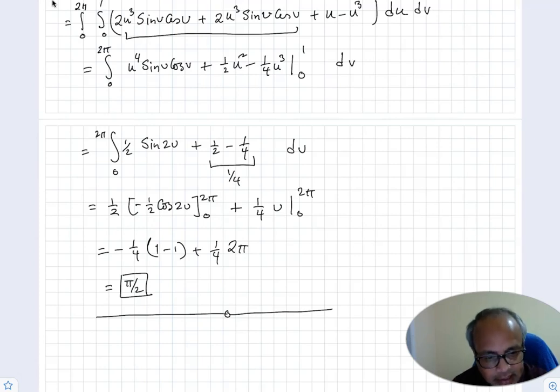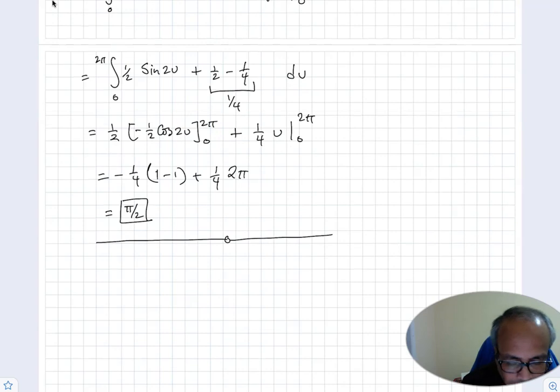And we have also learned that a surface integral of a vector field is converted to a double integral by using some sort of parameterization. So as long as we know that, we see that we can solve this flux problem.